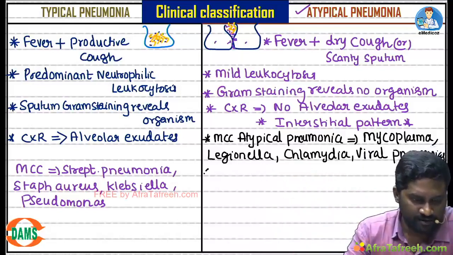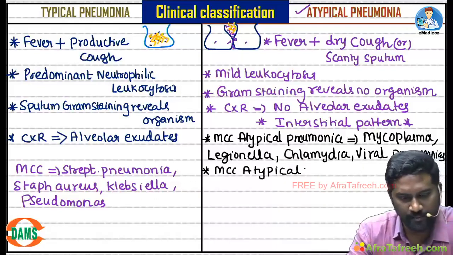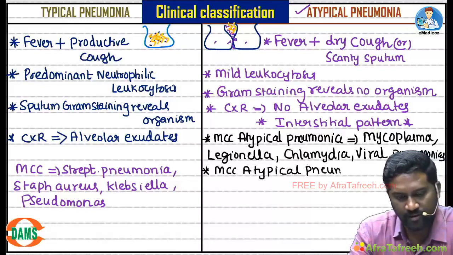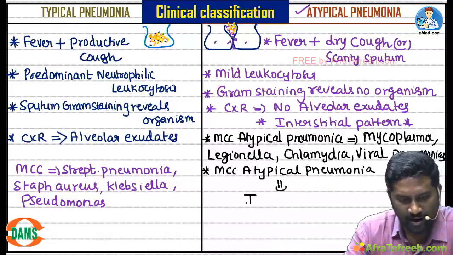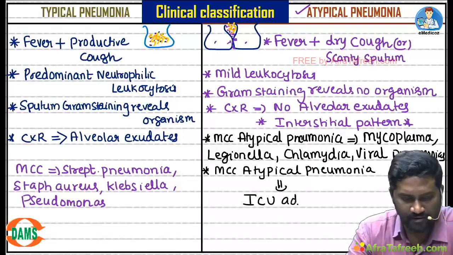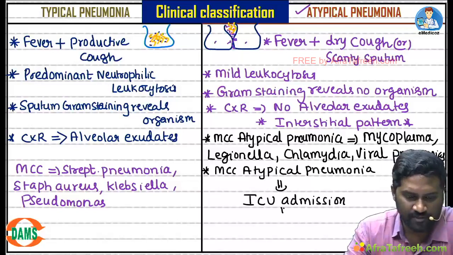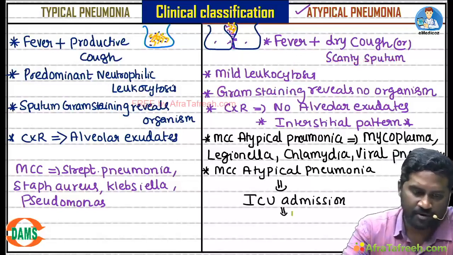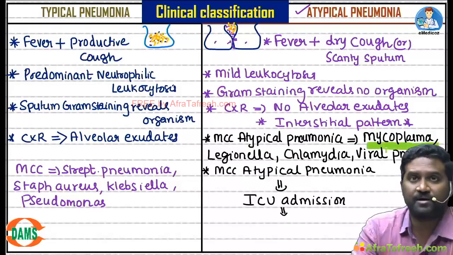Now if they modify the question like this, most common cause of atypical pneumonia resulting in ICU admission, what should be the answer? Most commonly atypical pneumonia is caused by Mycoplasma.